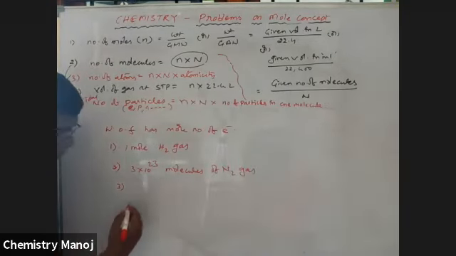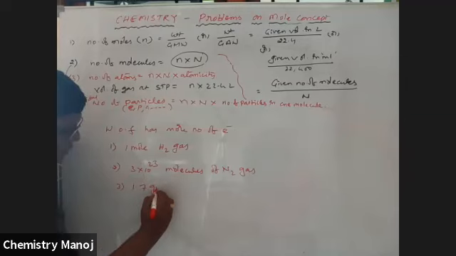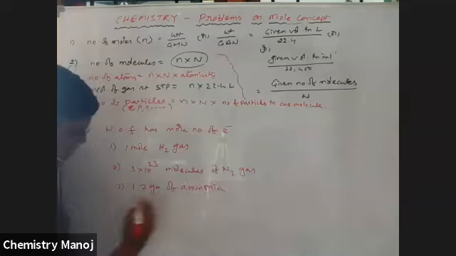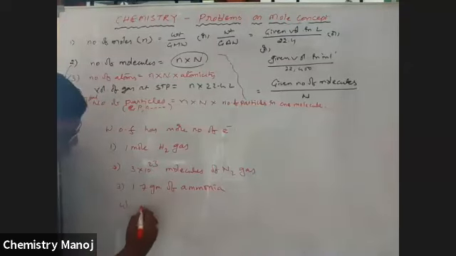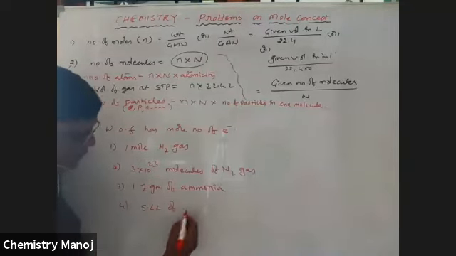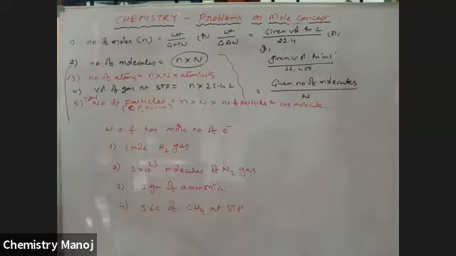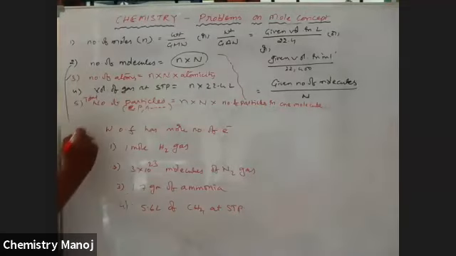Third one: 1.7 grams of ammonia. Fourth one: 5.6 liters of methane at STP. So once again, calculate yourself.